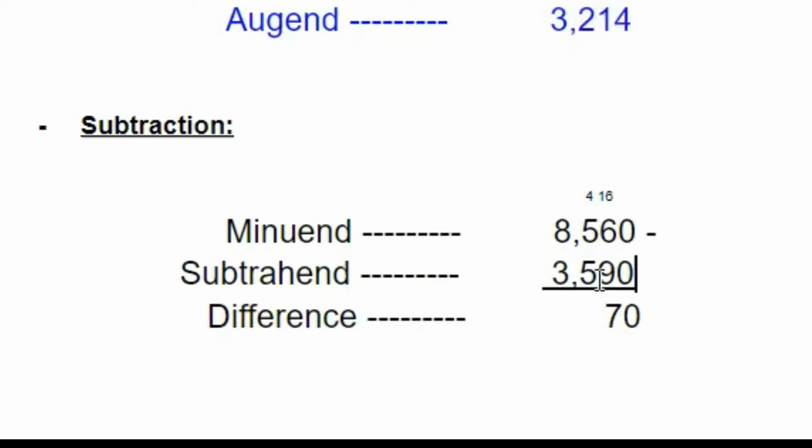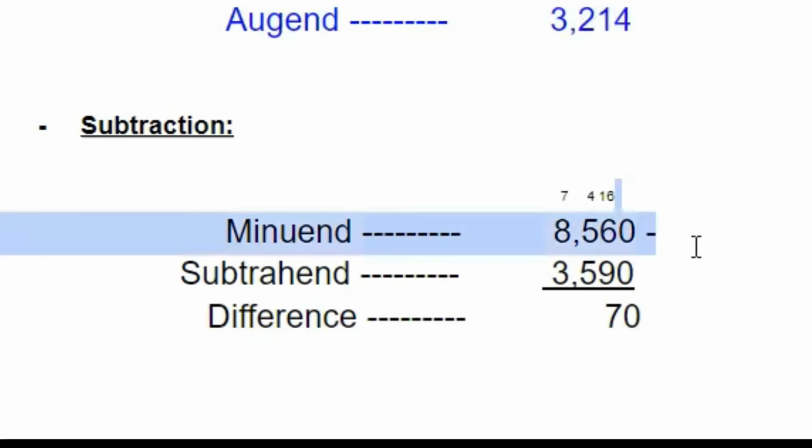4 minus 5, can we do it? We cannot, because 5 is greater than 4. So we have to borrow from the thousands place, and this 8 becomes 7.